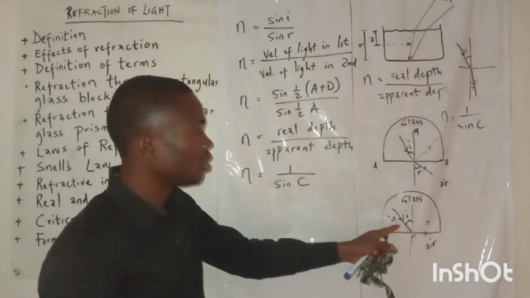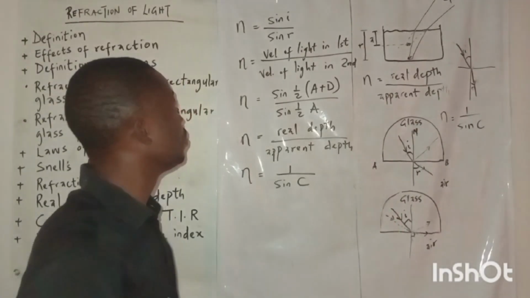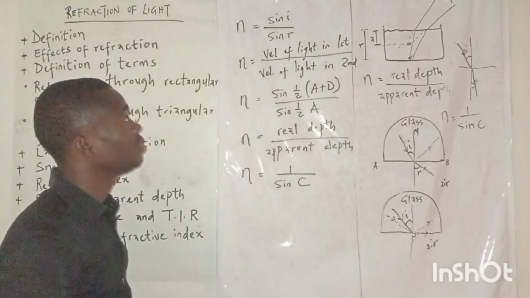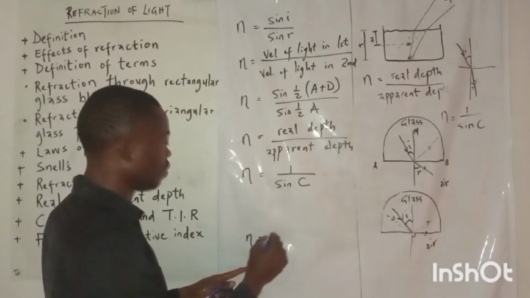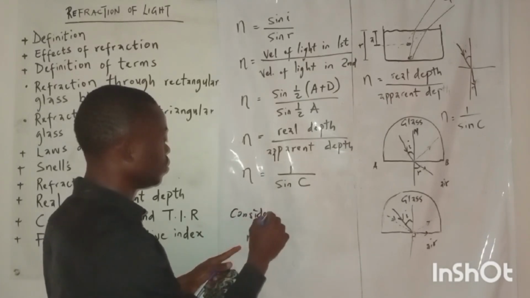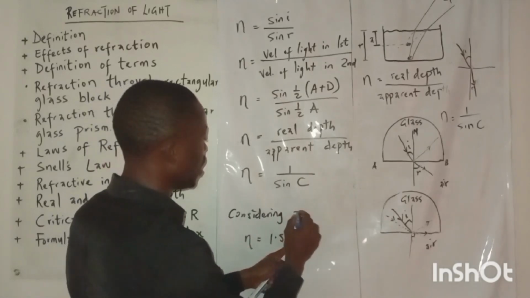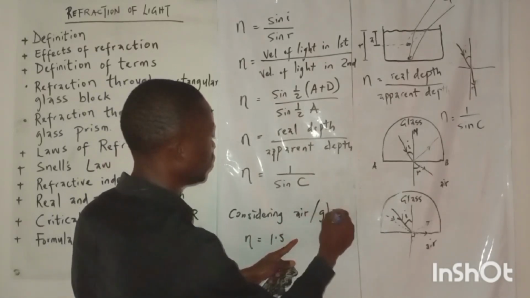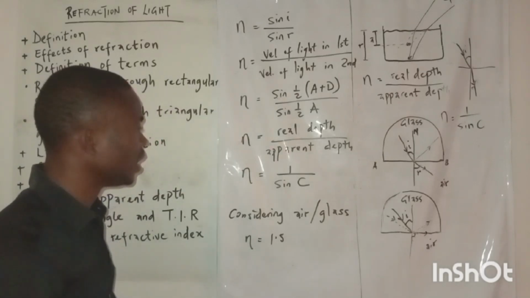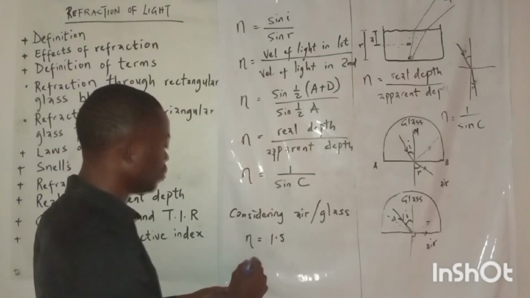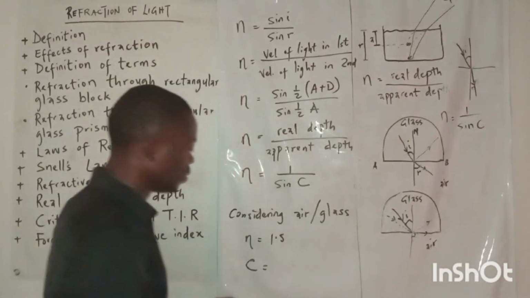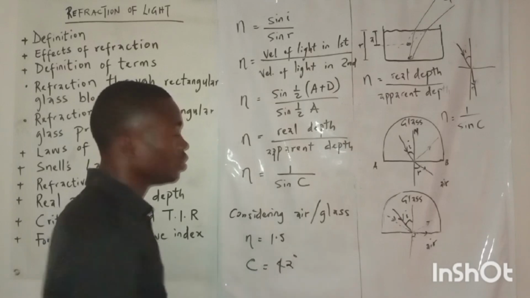Experimentally, it has been proven that when light travels from air to glass, the refractive index is equal to 1.5, considering air and glass, and then the critical angle C, when light travels from glass to air, is equal to 42 degrees.